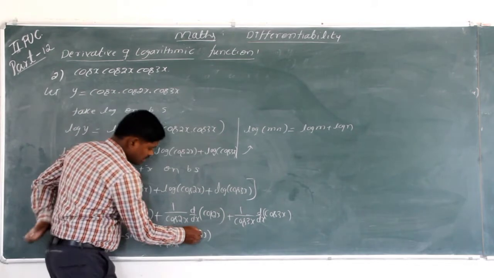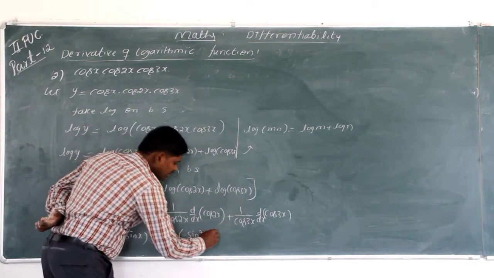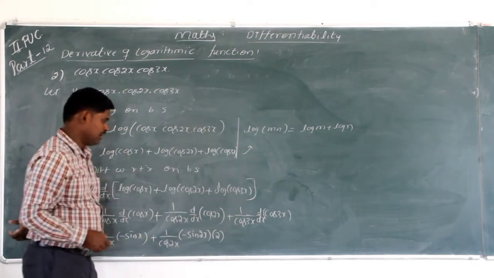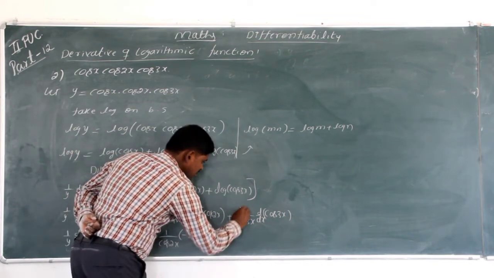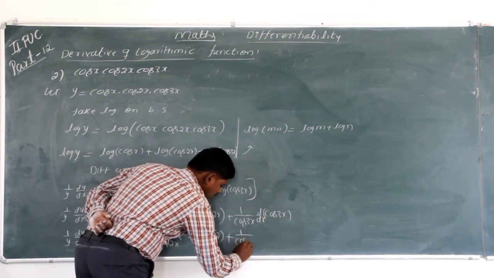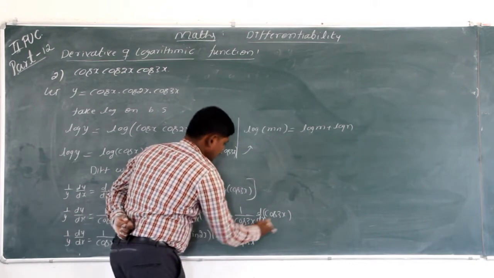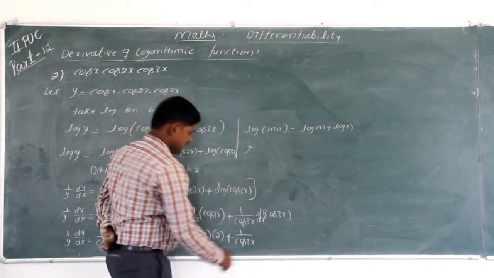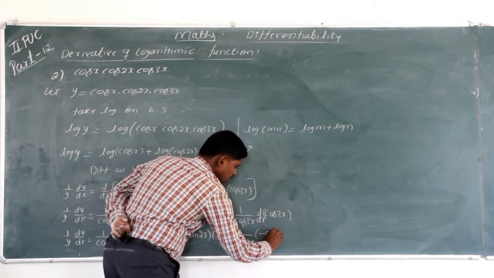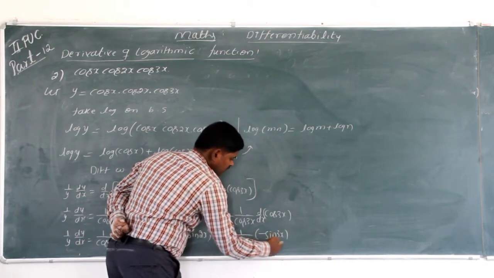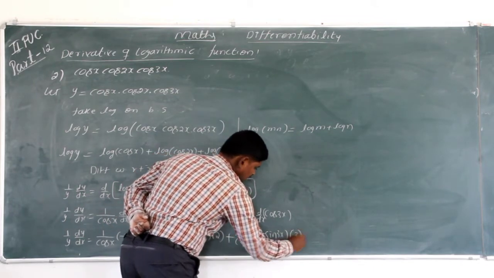We are going to differentiate 2x again by chain rule, into 2. Plus similarly 1 by cos of 3x into derivative of cos 3x, which is minus sin 3x, into differentiation of integral term, that means 3.